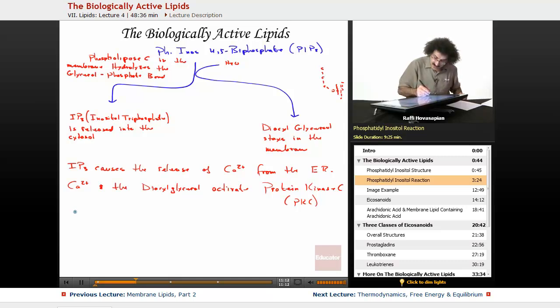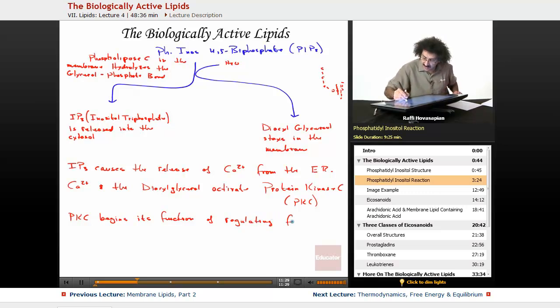So PKC, protein kinase C, begins its function of regulating further enzymes by phosphorylation.